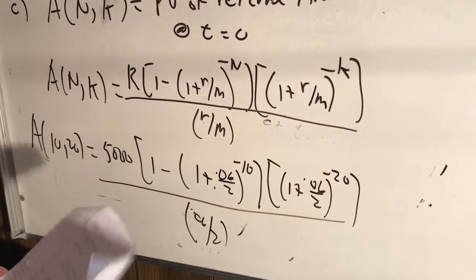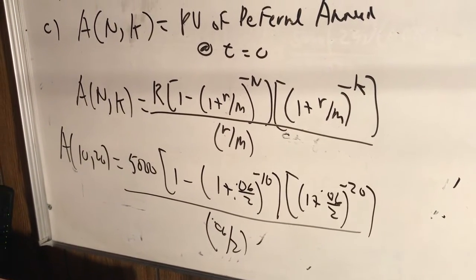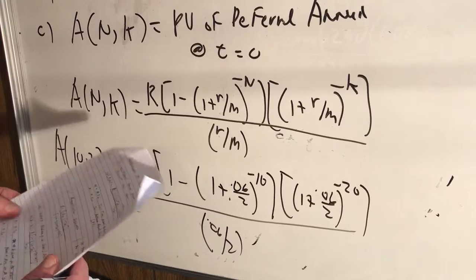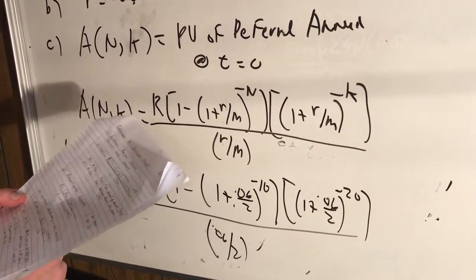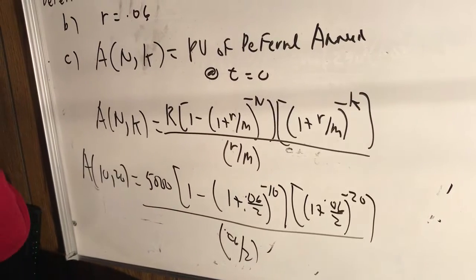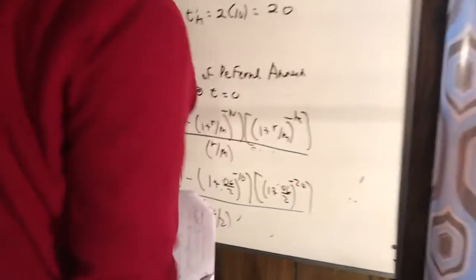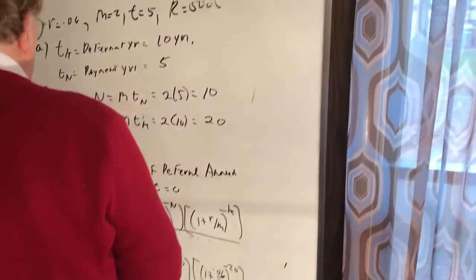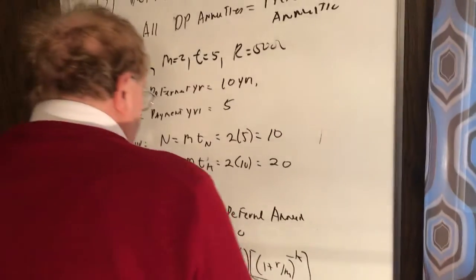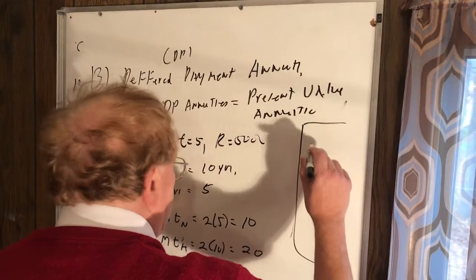So once we get that, you have to find your deferment period and your payment period. Once we get that, we now have enough information to substitute in our equation here. So let me put down over here, because I'm going to lose it.